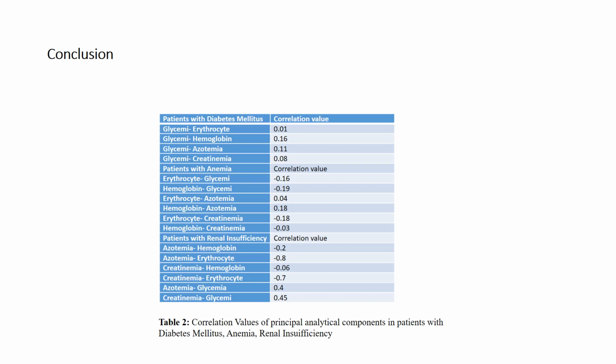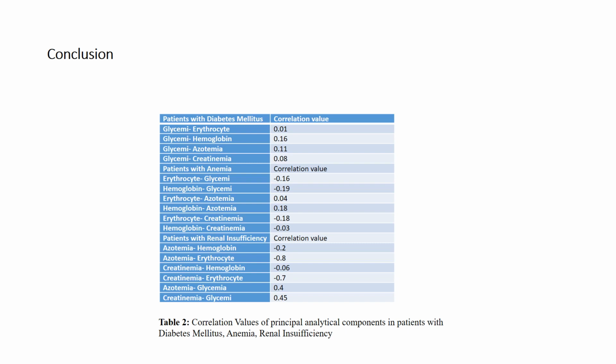Table 2. Correlation values of principal analytical components in patients with diabetes mellitus, anemia, and renal insufficiency. For patients with diabetes mellitus, the higher value of correlation is between glycemia and hemoglobin, 0.60.